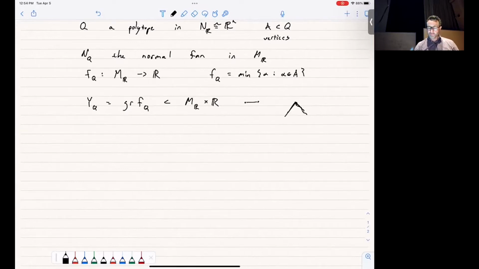This is my graph. So I want a tangent space here of this guy. Of course, we all teach in calculus that this is not differentiable, so there's a problem with a tangent space at this corner here. But nevertheless, I still want it.